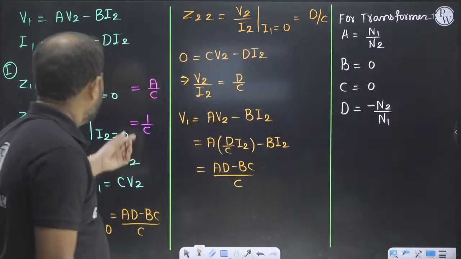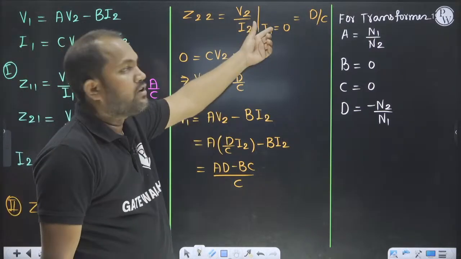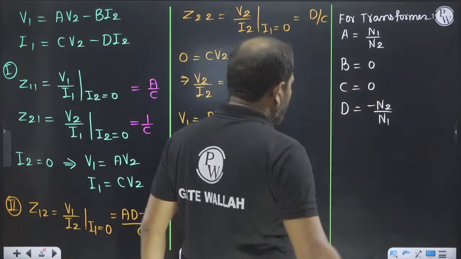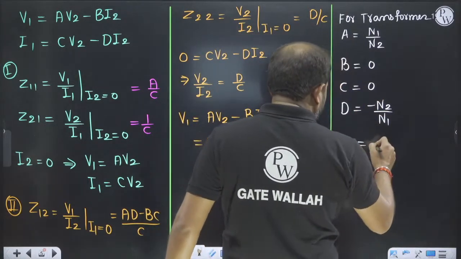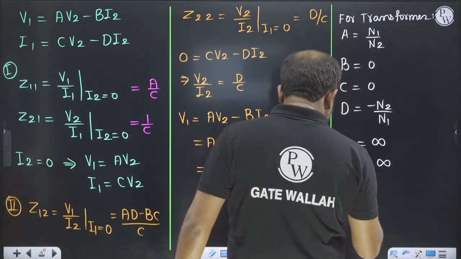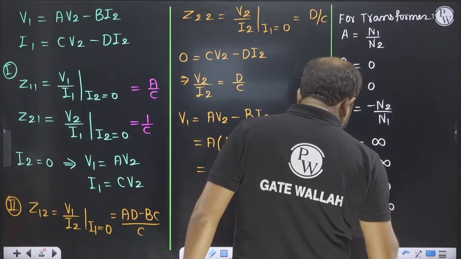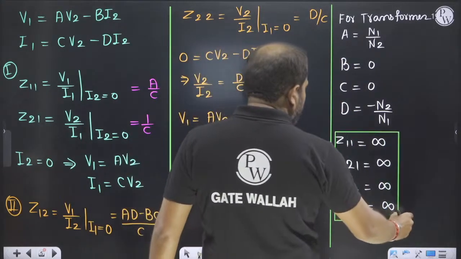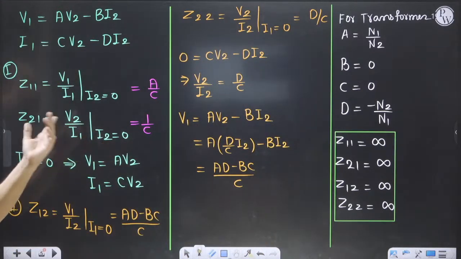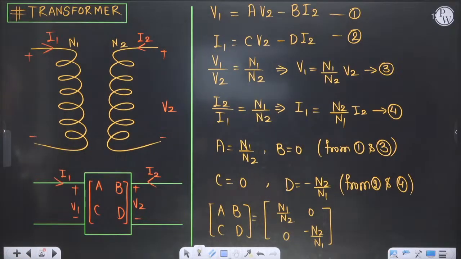Since we divide by 0, the results are infinite, because all of them are divided by C and C is 0. So Z11, Z21, Z12 and Z22 are all infinite. So we have infinite Z parameters for the transformer.